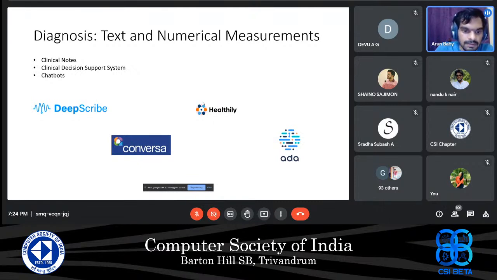So here are some examples of places where text analytics are used.